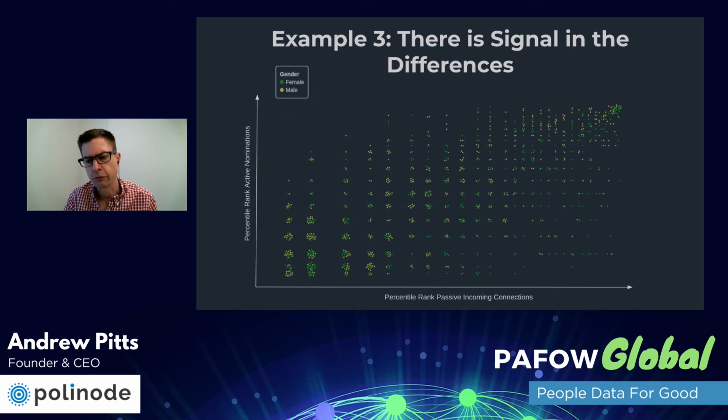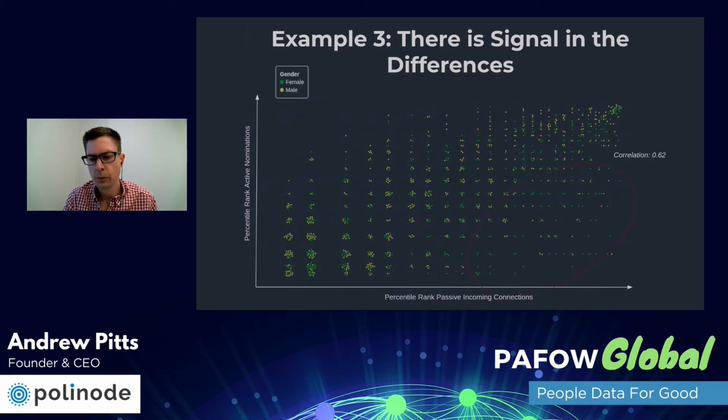If someone is on the 45-degree line, they rank the same in terms of passive versus active. If they're below that line, they rank higher on passive than they do on active. We get a correlation of about 0.62.